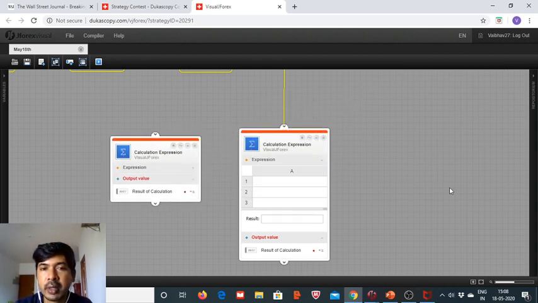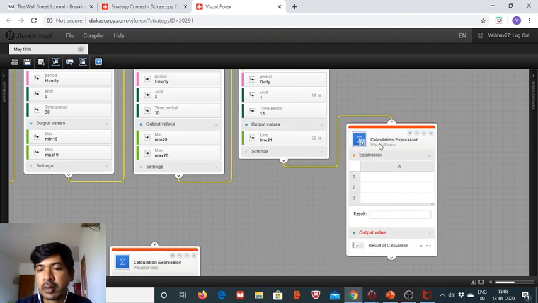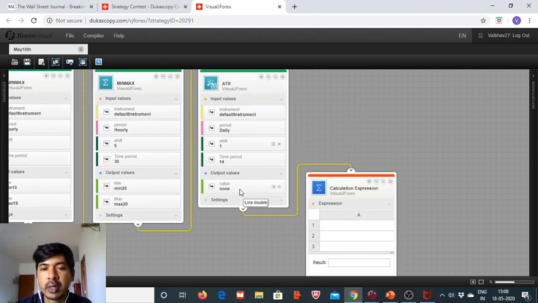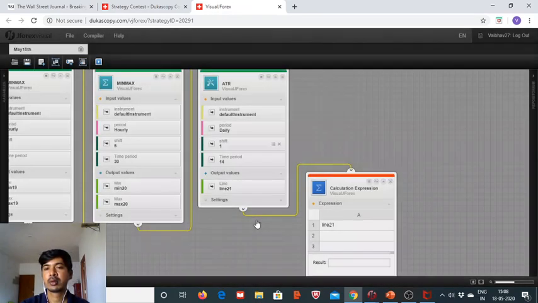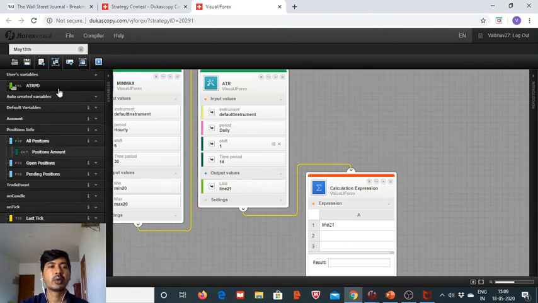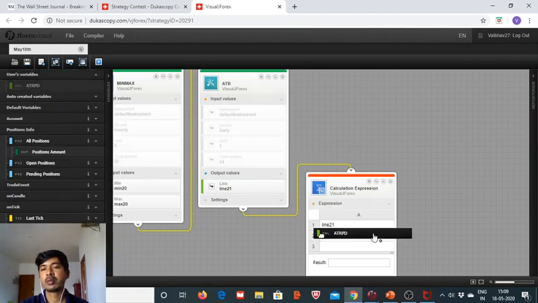And here we take the ATR value and we create a fresh variable which we can name as ATR pip difference, and it will be 0.15, 15%. So we are going to do this multiplication.